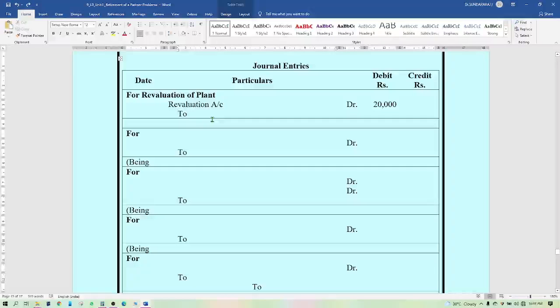Then we have to credit the respective asset account, that is plant account, by 20,000. The narration: being plant is revalued and depreciated by 5%.